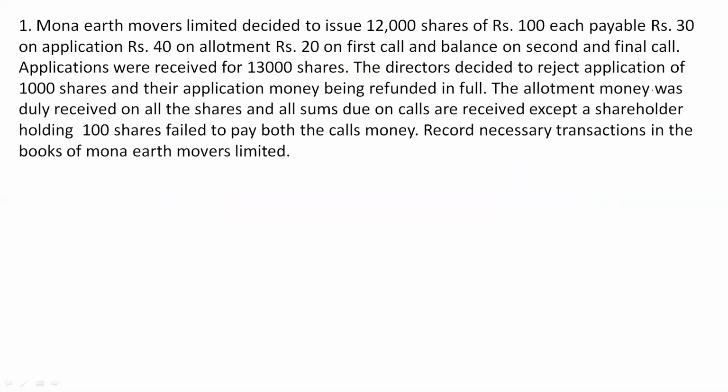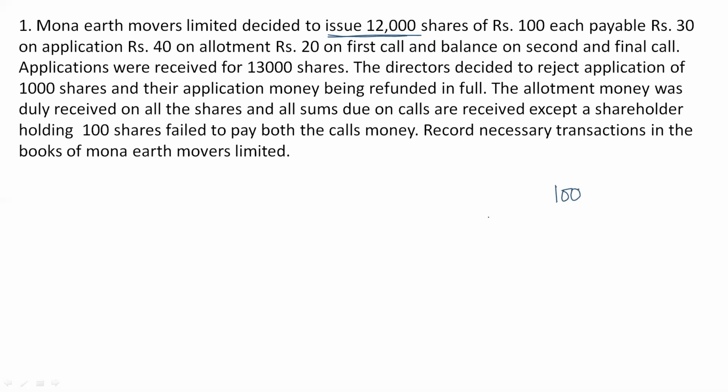So the first question is: Mona Earth Movers Limited decided to issue 12,000 shares of rupees 100 each. As soon as you read the first line of the question, you should know how many shares the company is deciding to issue and what the share price of each share is. So 100 rupees is the price per share.